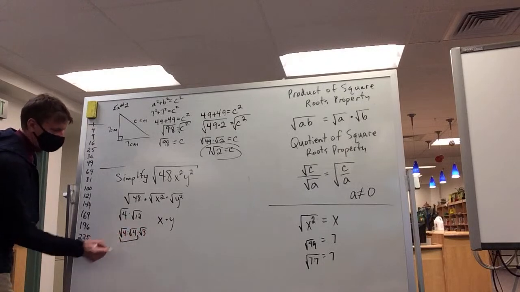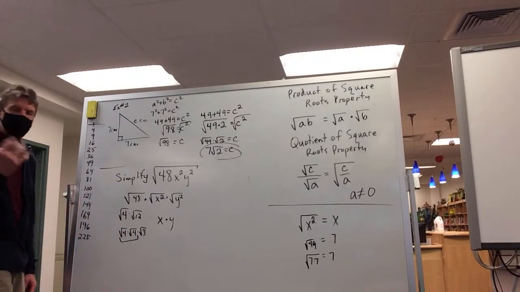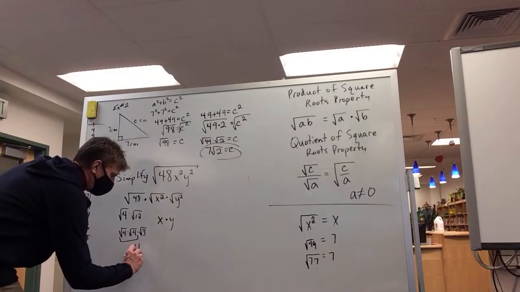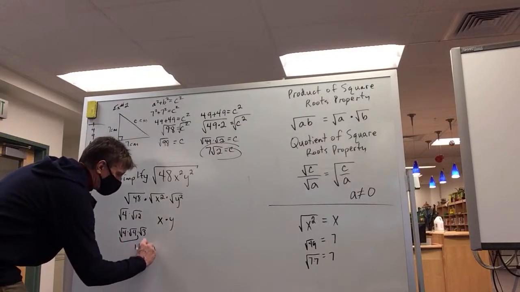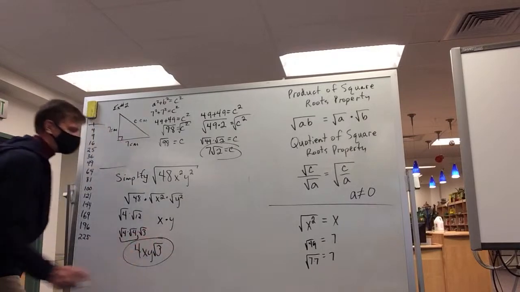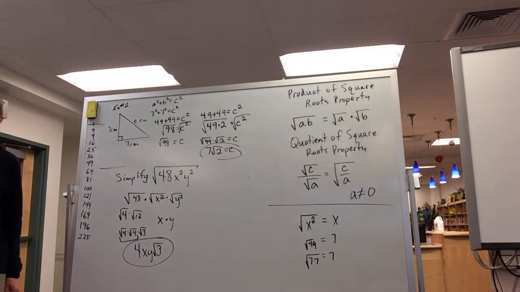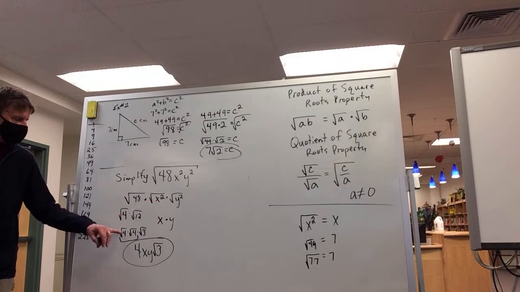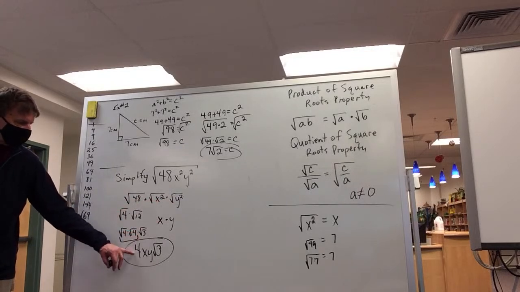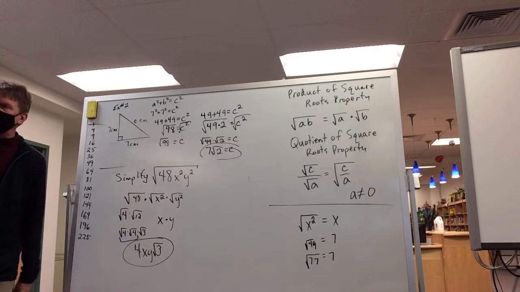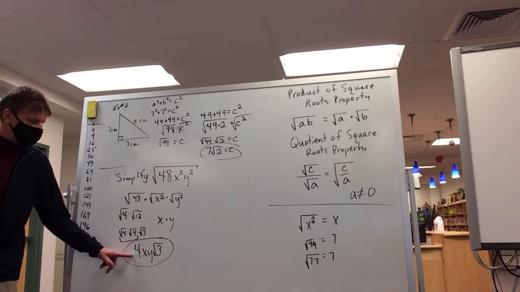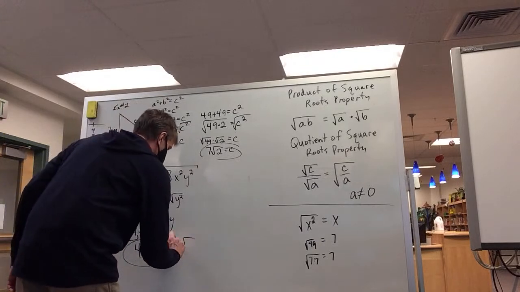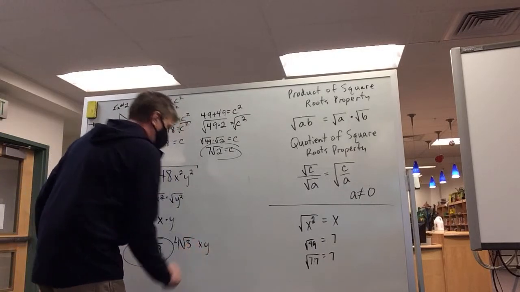And when we see this right here, we know that that's 4. So this is 4xy square root of 3 for a final answer. And this turns into 4 root 3. So since this is all multiplication, we just change it so it looks a little prettier. If you wrote 4 root 3, and then times xy, that would be fine.